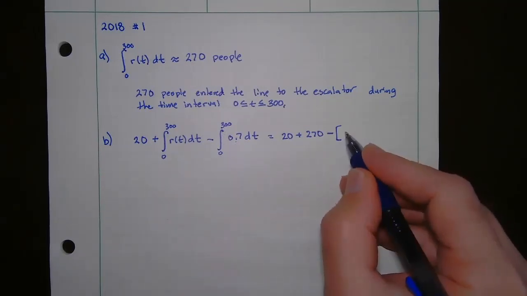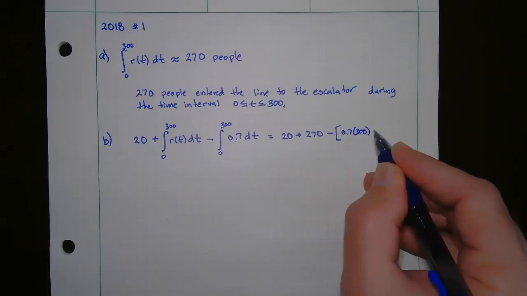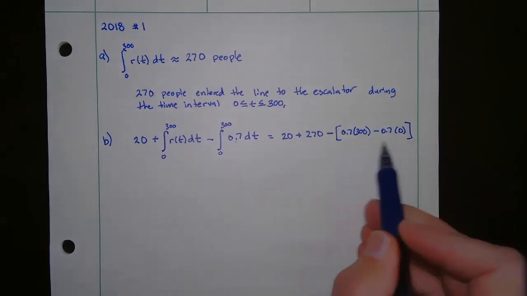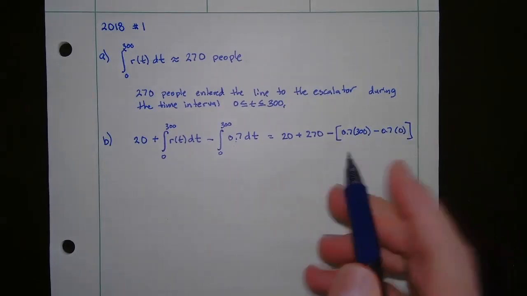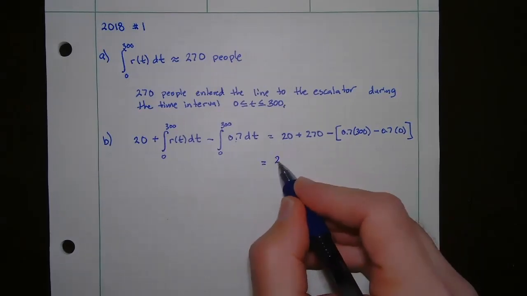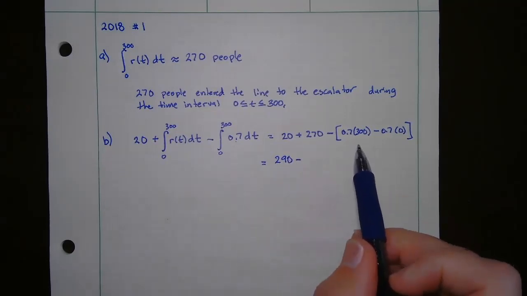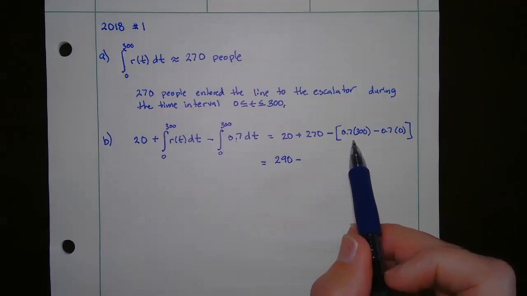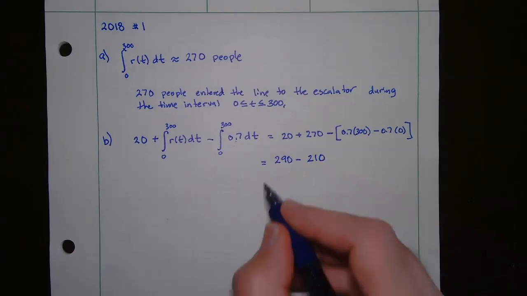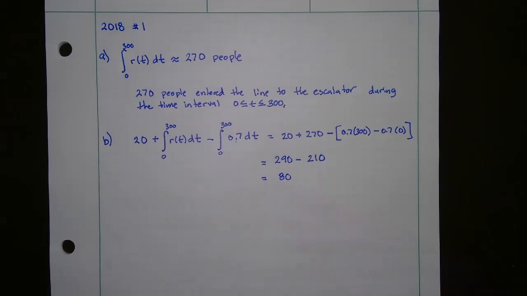So it'd be 0.7 times 300 minus 0.7 times 0. And we're going to have to subtract that quantity here. So this would be 290 minus 210, and that would give you 80 people.